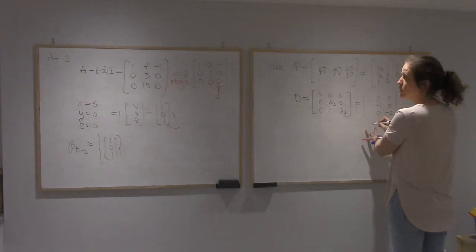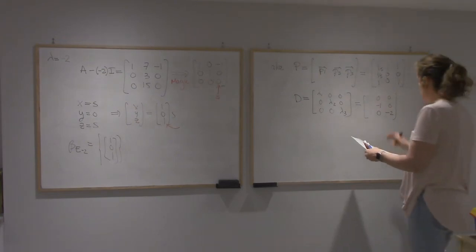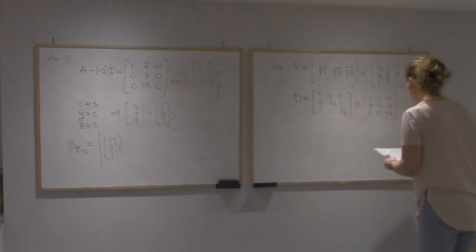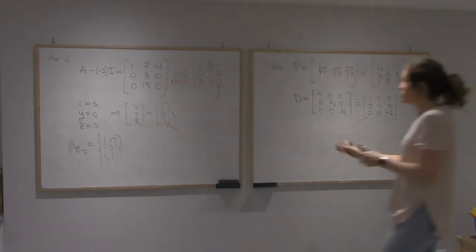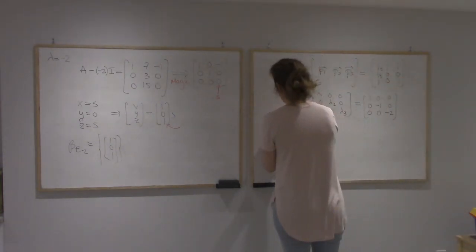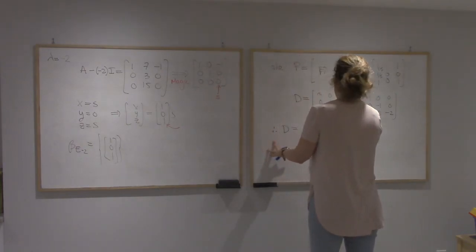And the eigenvalue of, let me double check, and then that was 1. All right, and what we've done shows that D is P inverse AP.